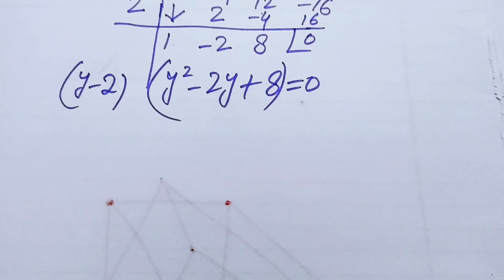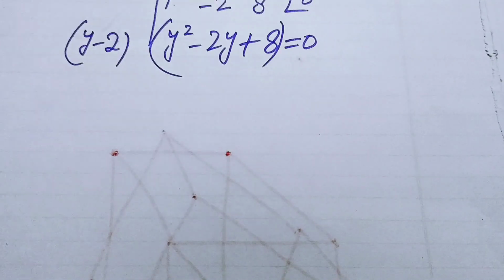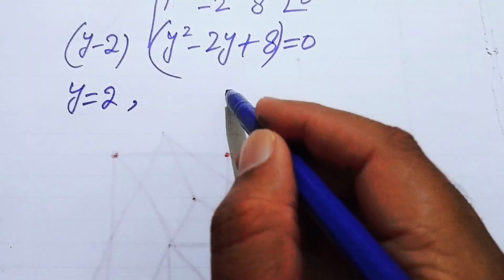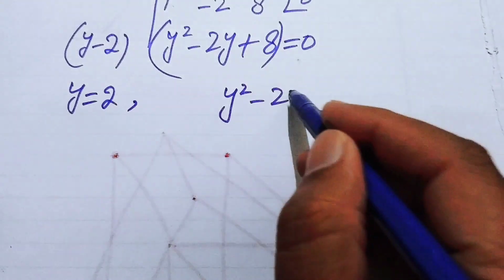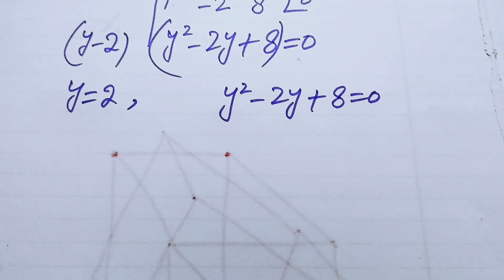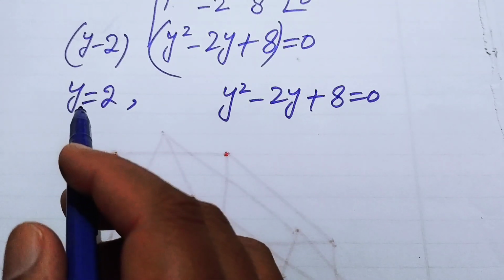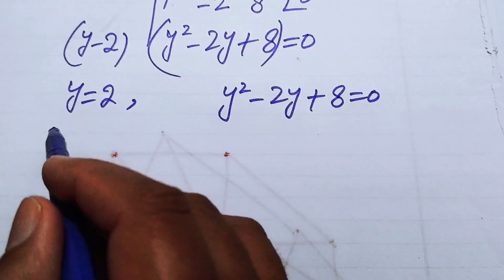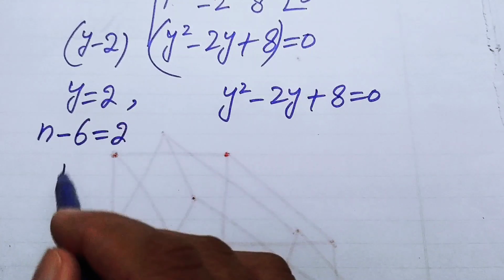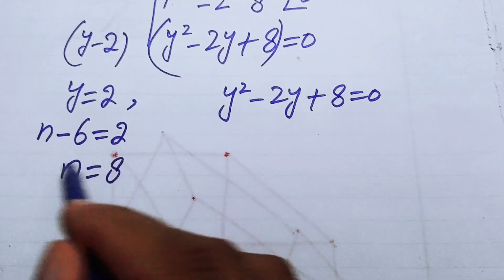Now we simplify these two factors, and we have the first root y equals 2. Then we find the other roots from the equation y squared minus 2y plus 8 equals 0. So in this case we have y equals 2, and when we substitute back the value of y, which is n minus 6 equals 2, you get the second root of this equation, n equals 8.